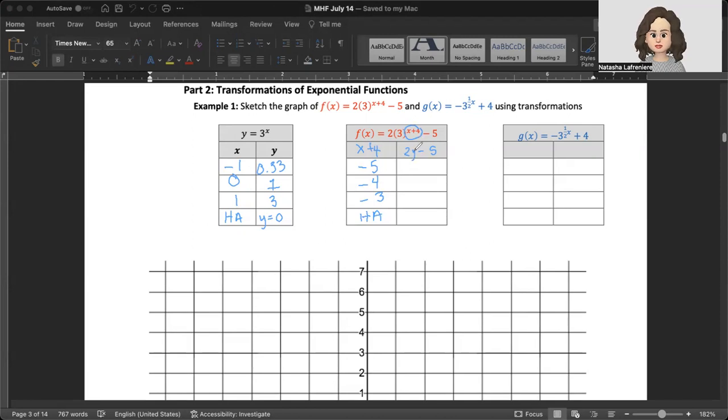So you throw in -5 here, so you'll do 2 times 3 to the -5, minus 5, which will be -4.33. This will be -3. This will be 1. And our asymptote is -5. So that's this number at the end. Same with this one.